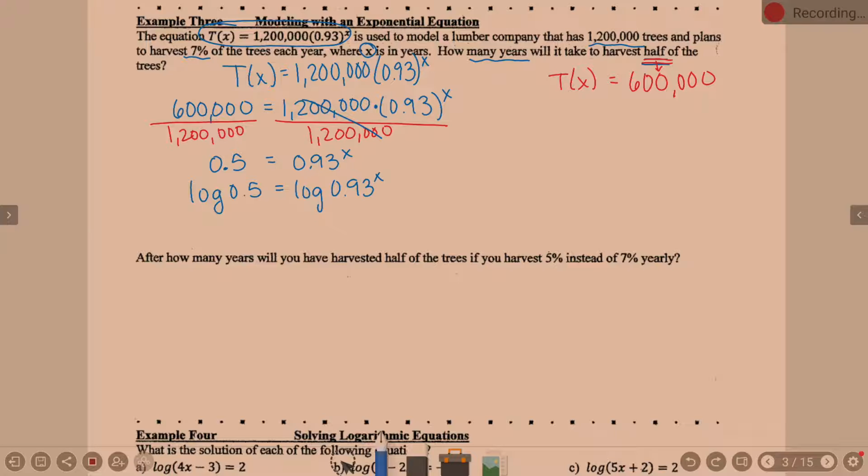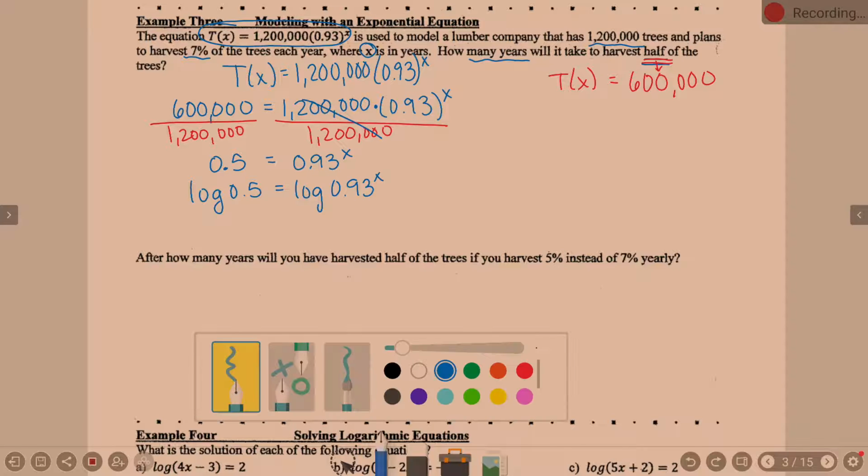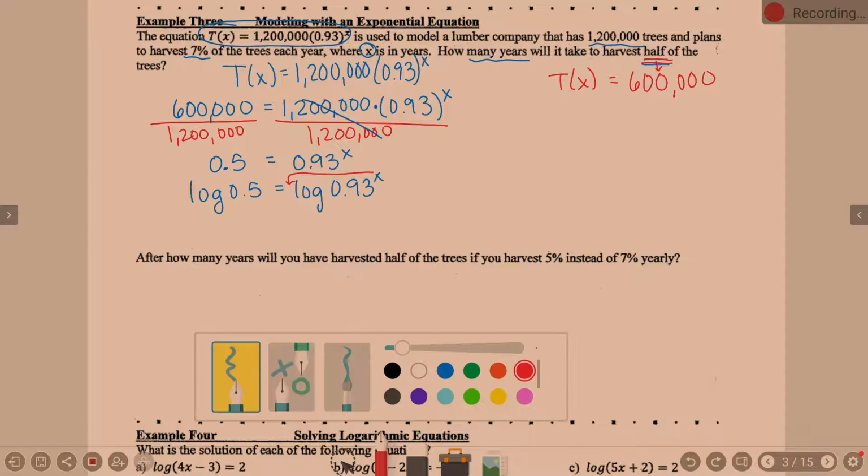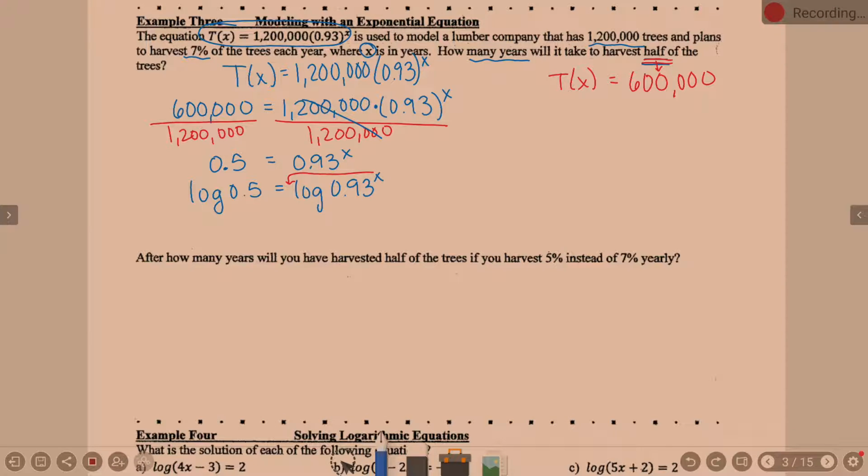What property can we use next? The power property, and we might have even done this yesterday, allows us to take that X and put it in front of the log. So then I have the log of 0.5 equals X times the log of 0.93.